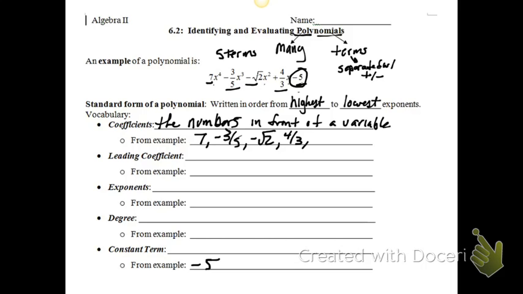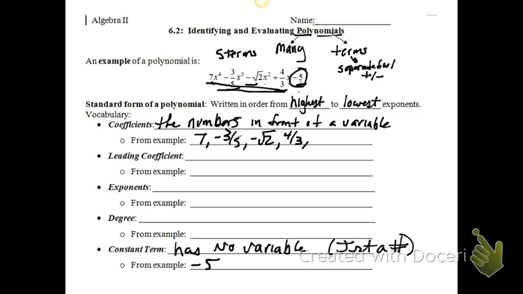If I plug in any values of x, all of these other terms can change their numbers based on what x is, but negative 5 is going to stay constant. It will not change no matter what value of x you plug in. So the constant term has no variable. It is just a number, just a naked number.